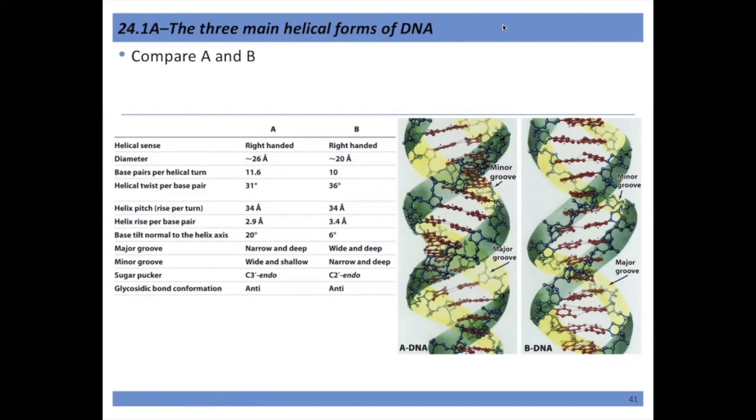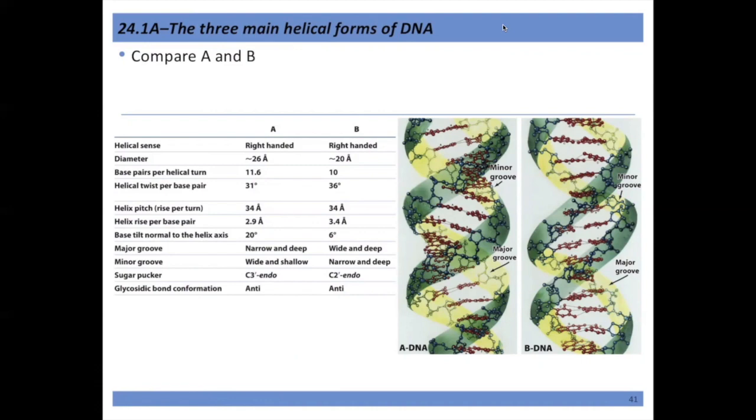The helical twist is how many degrees you twist for every base pair, and really it's just a calculation from the base pairs per helical turn. For B DNA, each base pair twists 36 degrees.